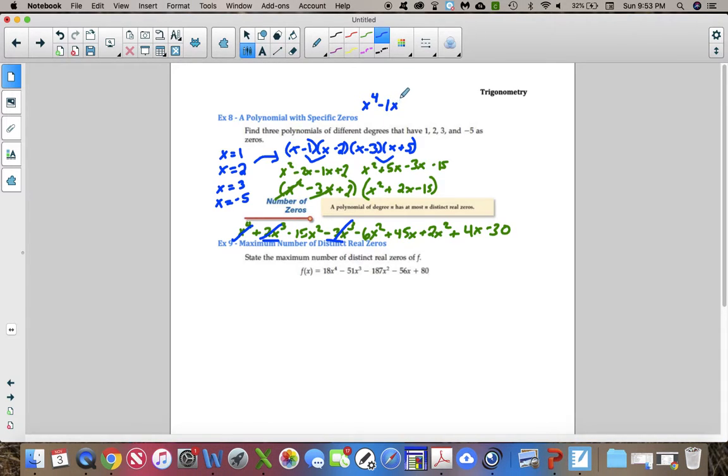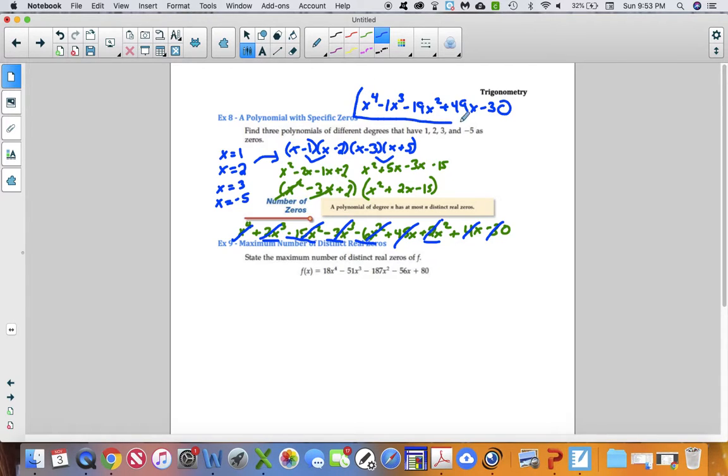And then x squareds, I have negative 15 minus 6, that's negative 21, plus 2, that's negative 19. So minus 19x squared. That's kind of an ugly number, but that's okay. 45 plus 4 is 49x. And then minus 30. So this is my polynomial that has those as its given zeros.